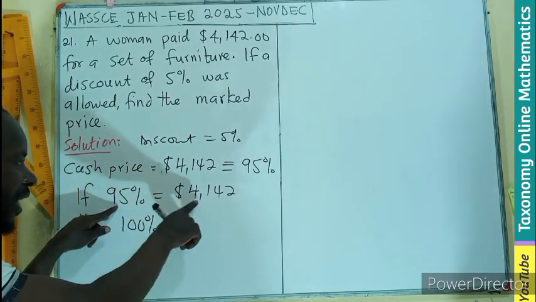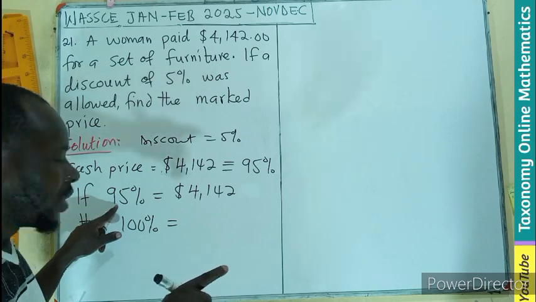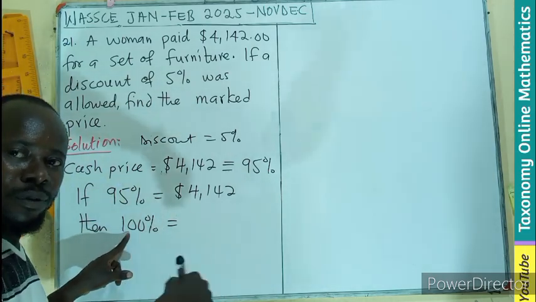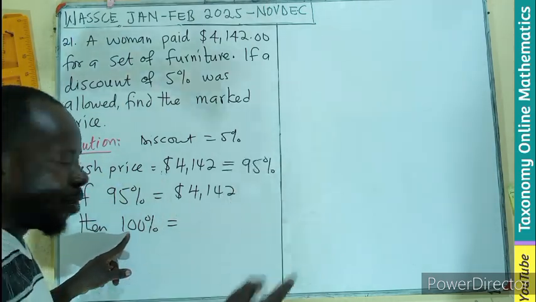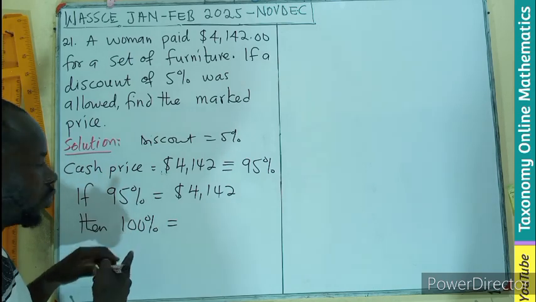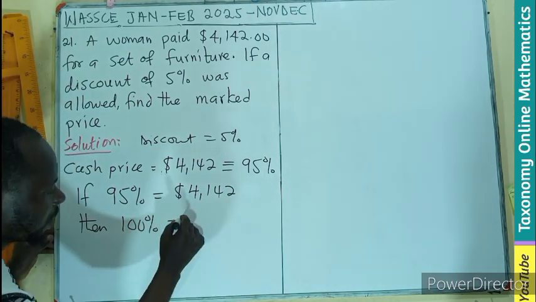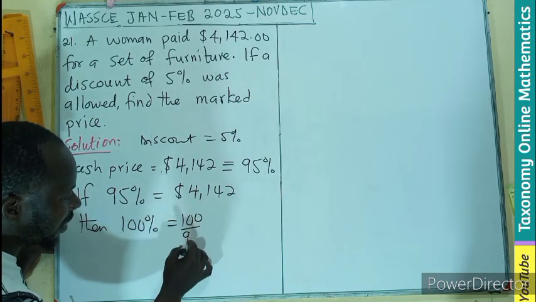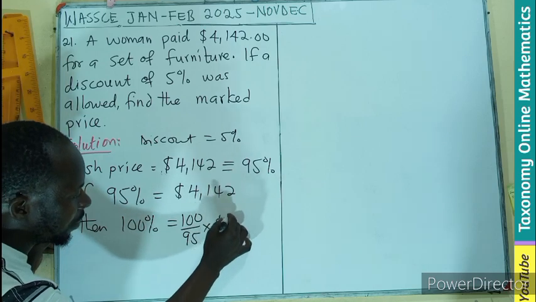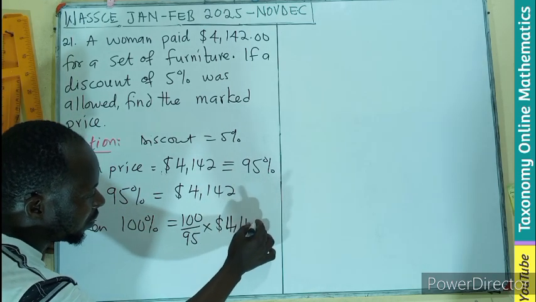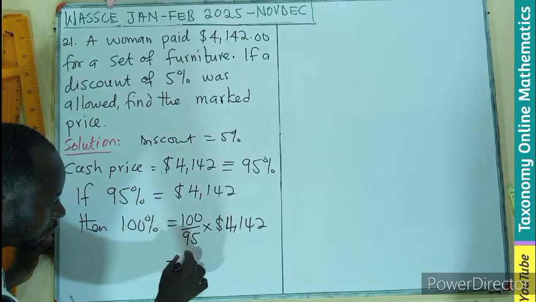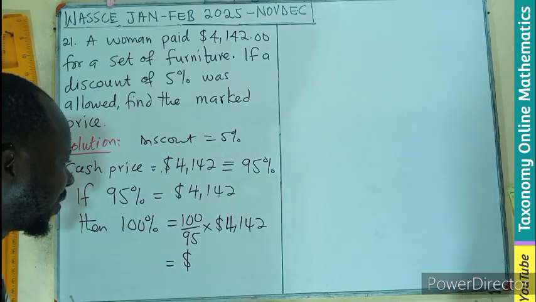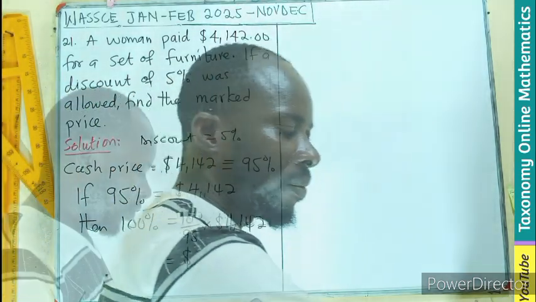So if 95% is giving you 4,142, 100% will give you more than that. So if more, less among the two, divide. So I'll be having 100 over 95 times 4142. Let's put that in our calculator and see what we can get.